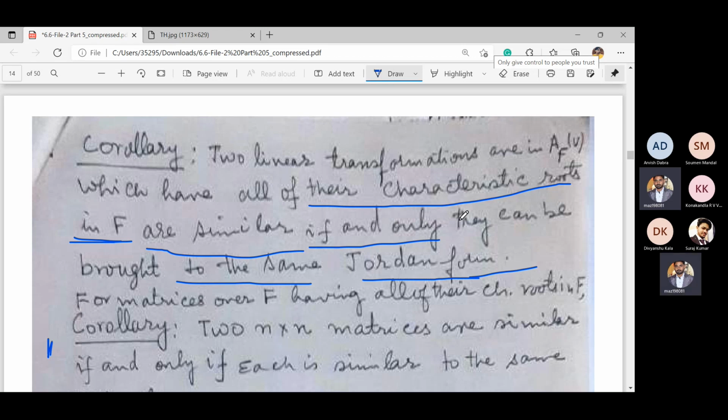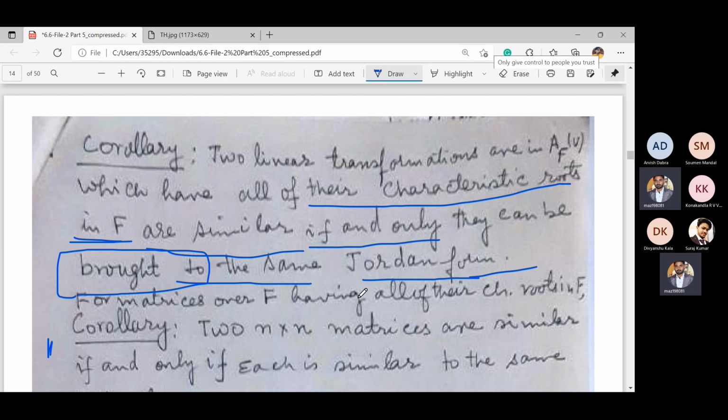Here it is written that they can be brought to the same form. If they are not in the same form, we can use the properties of Jordan form and get the same Jordan form. If two linear transformations are given, to check whether they are similar or not, one definition is that there exists an invertible operator S such that T1 equals S T2 S inverse.